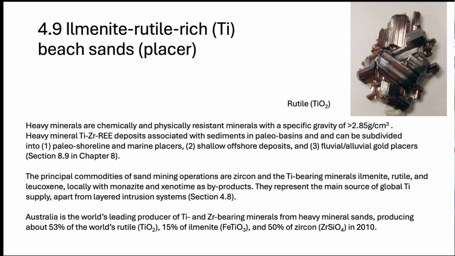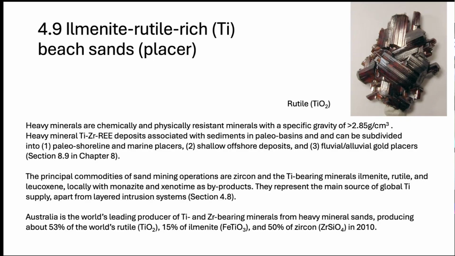Okay, so now the next section in the chapter is ilmenite-rutile rich, which means titanium-rich beach sands. These are placers of a sort. So rutile, there you are on the right, that's rutile as it occurs in igneous settings, and it's just TiO2.